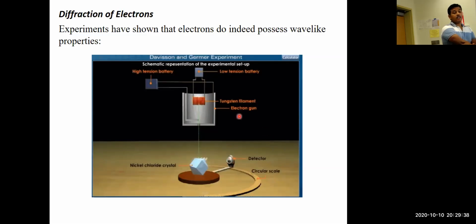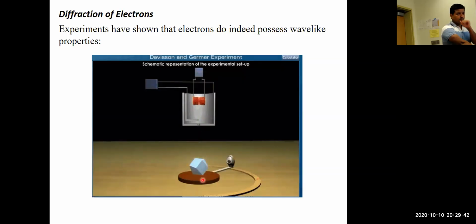So what happened is, when they bombard this nickel with a bunch of electrons, continuously, they found that at some angles, the electron voltage read by the detector is increasing. All of a sudden, it is increasing.